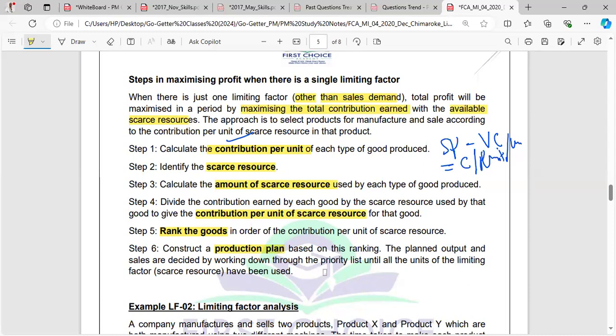If you have 3 products, A, B, and C, and you rank B first, A second, and C third, you need to satisfy all B first before you go to A and before you go to C. And it is possible that you cannot satisfy all of B and C, or you cannot satisfy all of C.